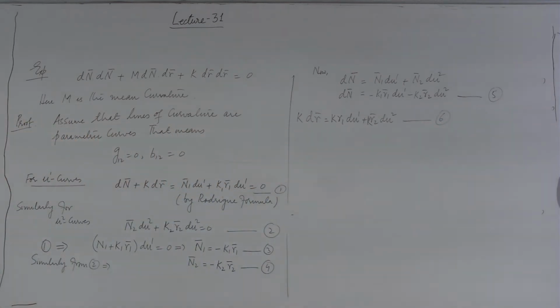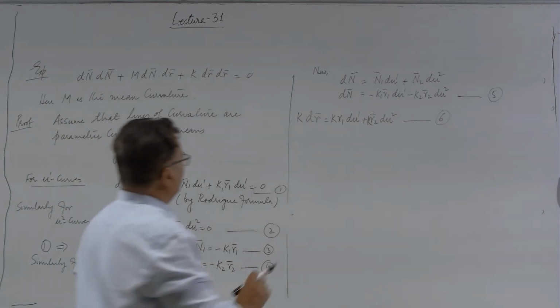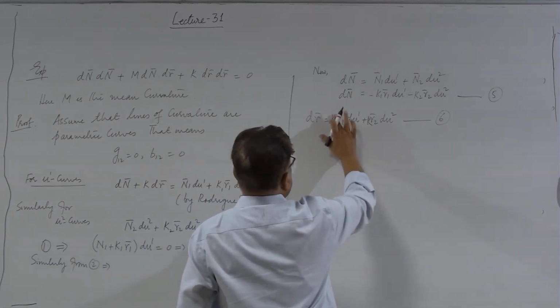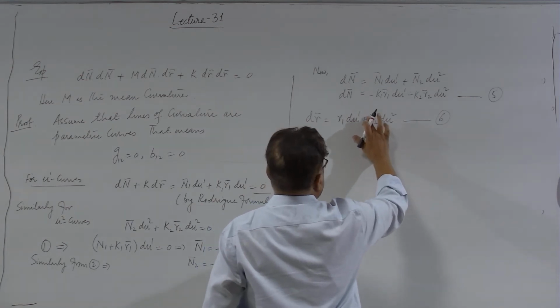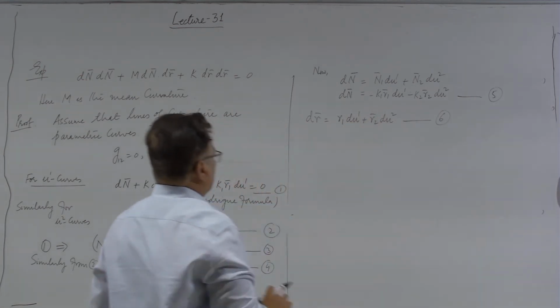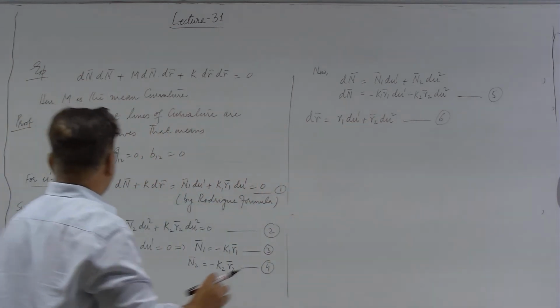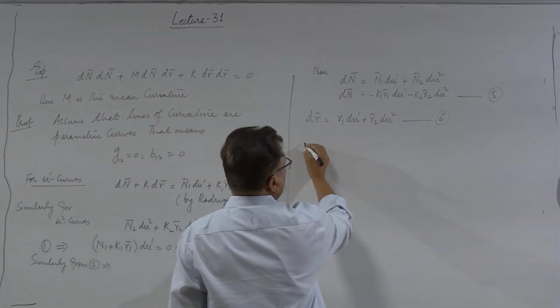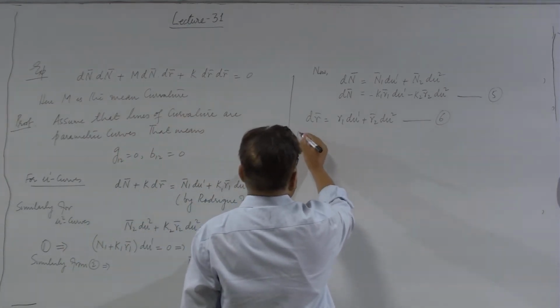Okay. Now, by Rodrigue formula, I do not need to multiply k, leave it. Okay. So, first I will see what is dn from 5 and 6.